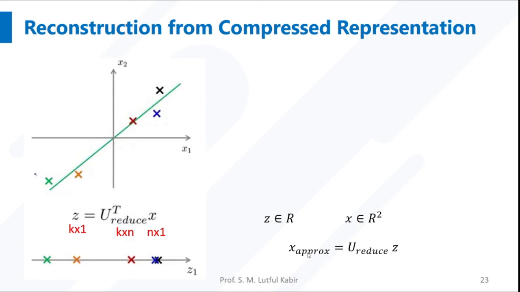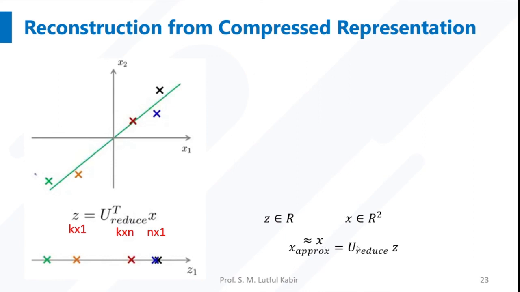Since we have computed this k-dimensional vector by choosing a very small error, that means high variance retained, x approximation is actually close to x.